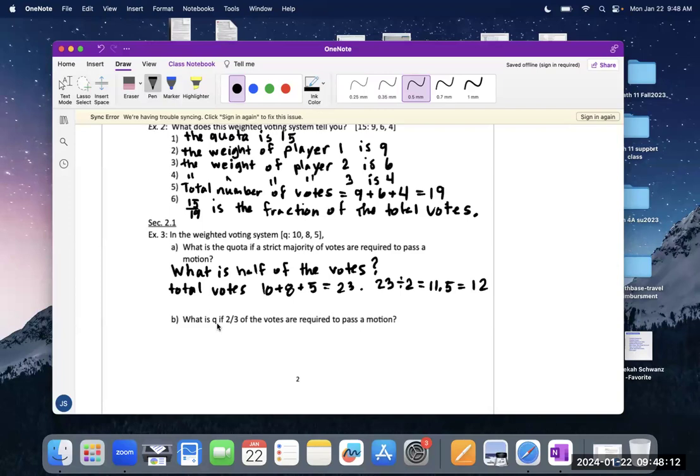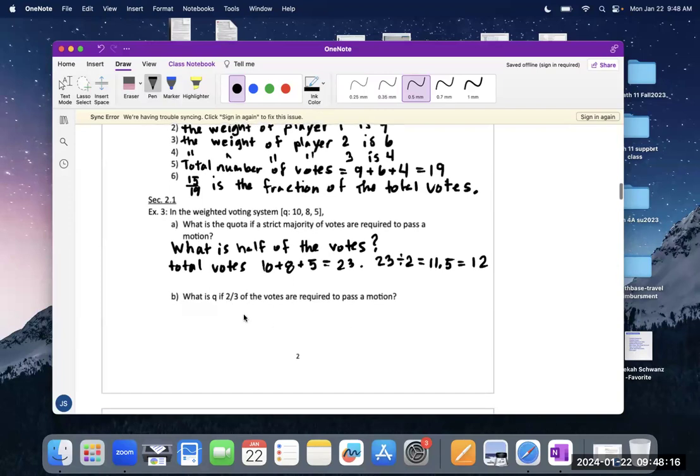What if the quota is 2/3 of the votes required to pass? So we just need to find what is 2/3 of 23. So I just say 12 would have to be the quota if the quota had to be a majority.